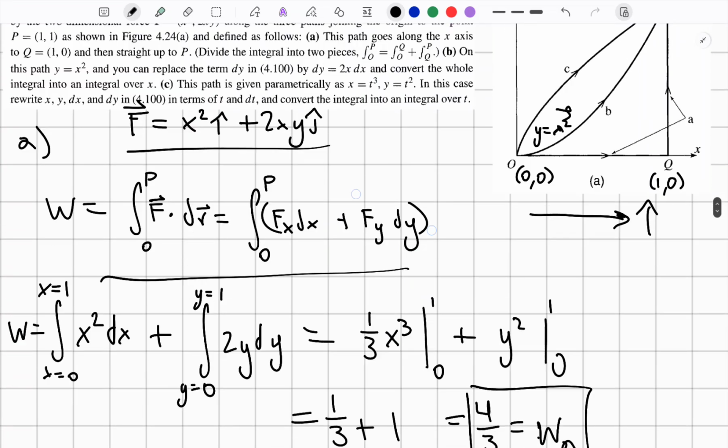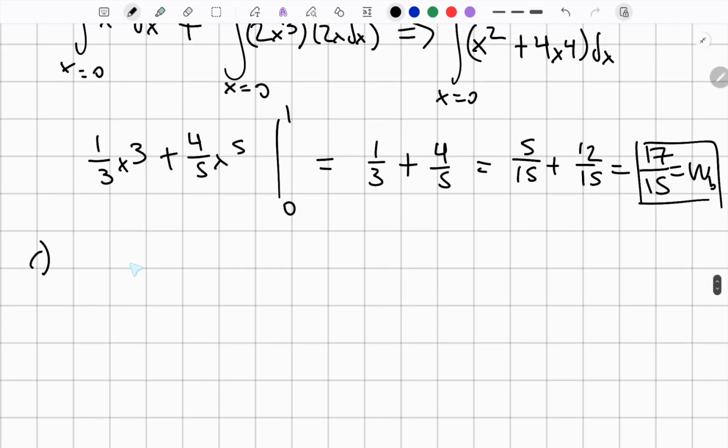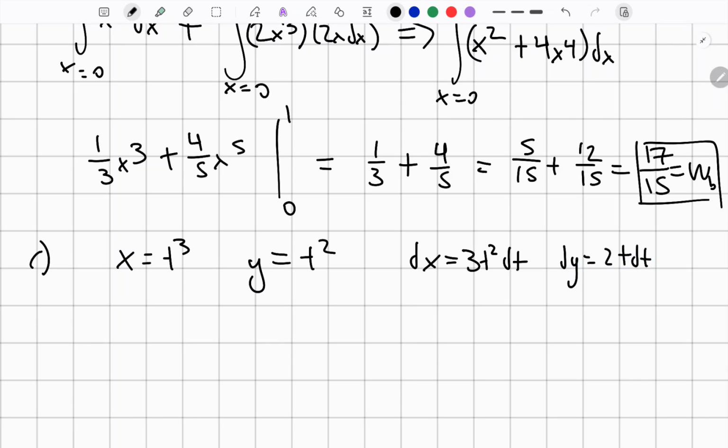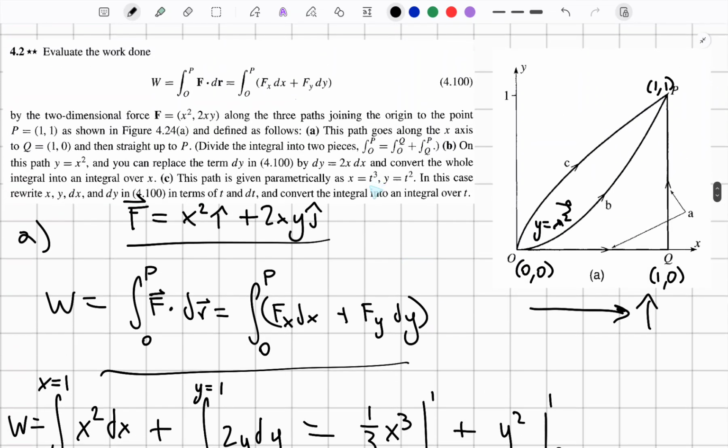The path is given by x equals t cubed, y equals t squared. So we can start by making our substitutions here that we're going to need. dx is going to be 3t squared dt. dy is going to be 2t dt. And we know that at the end, we're going to have t equals 1, and t equals 1 is going to give us our point (1, 1).